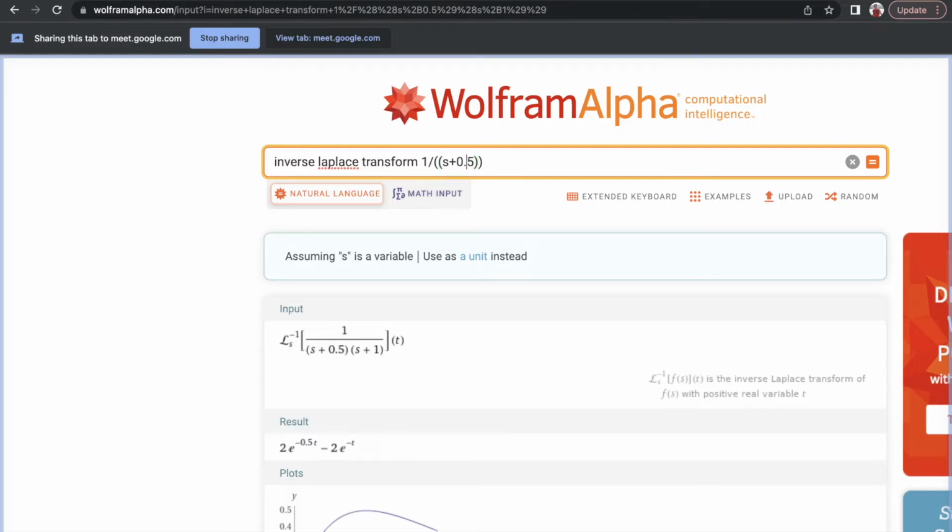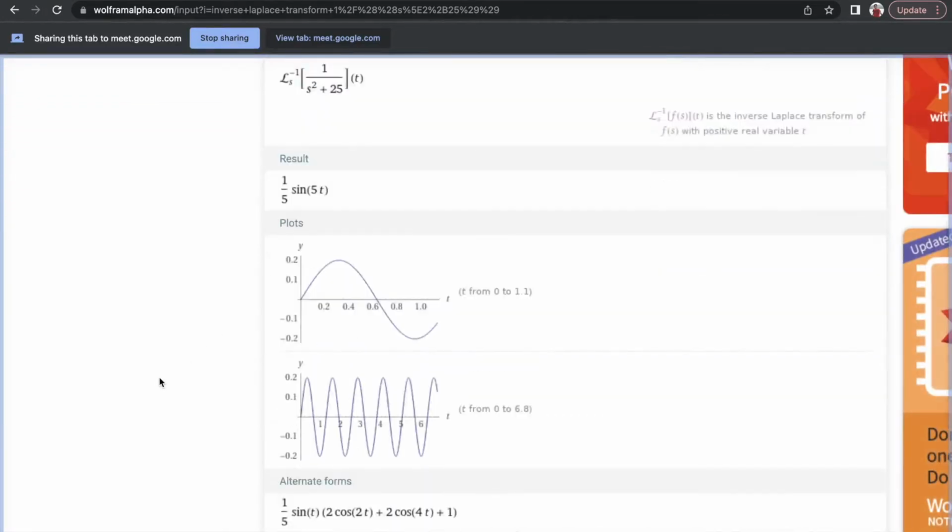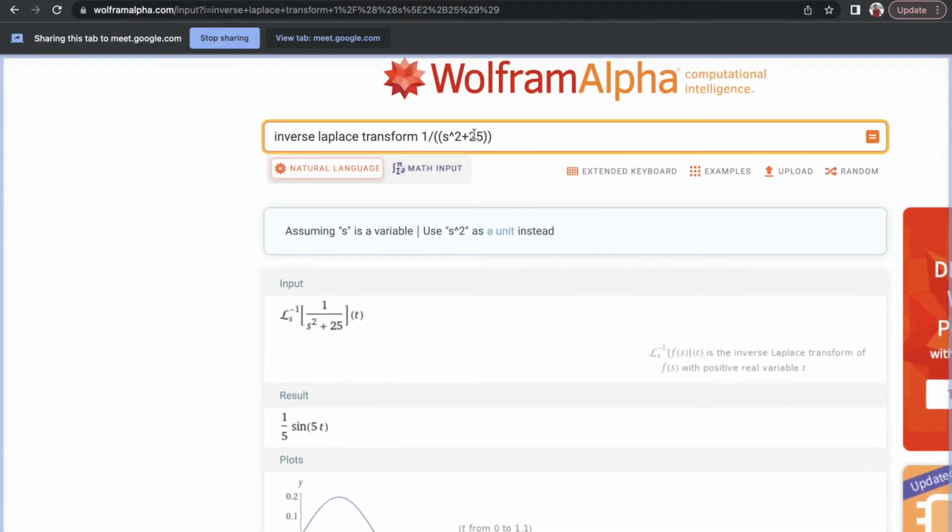Now let's go to the right hand side plane. We started with s square plus 25, the simple sinusoidal. Now let's go to the right hand side plane. So s minus 0.5.